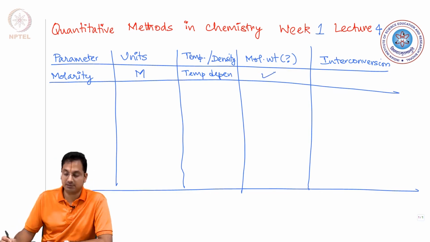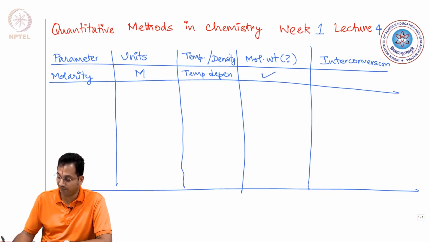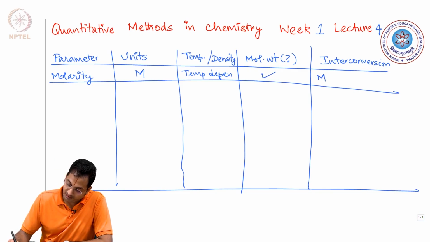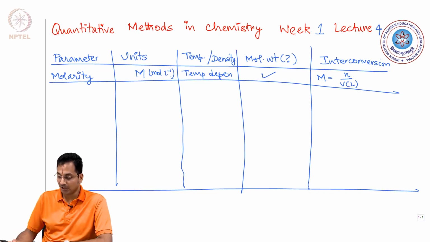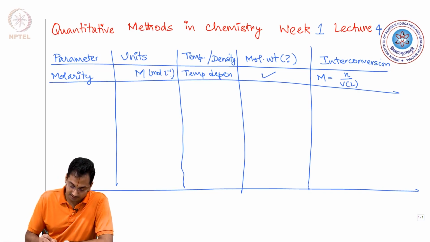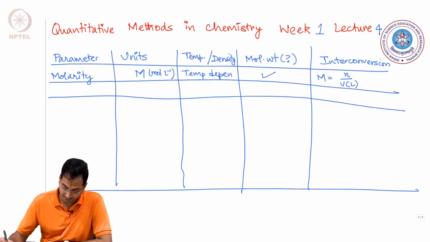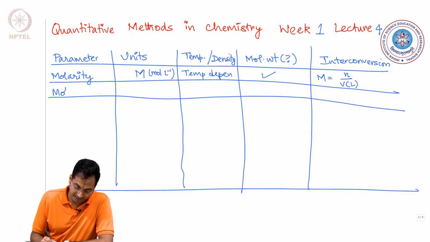Yes, it requires the molecular weight to be known, to be defined. So, basically molarity is defined as number of moles divided by volume of solution in liters, and this is also given as moles per liter.